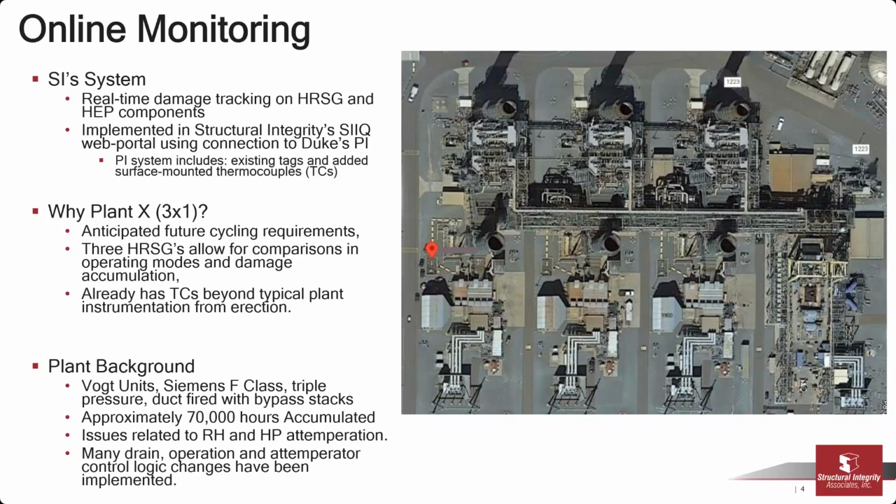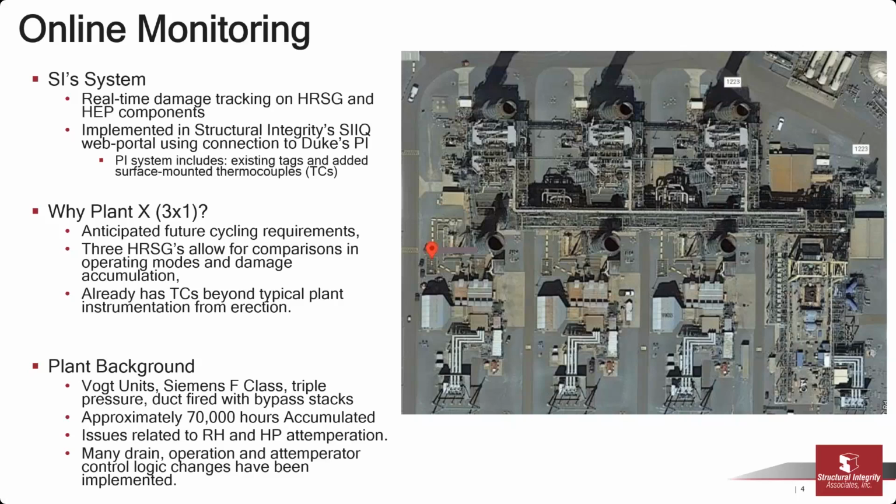And we have had a lot of issues historically on these 3 units. We've already replaced all the HP interstage attemperators due to cracking in the internal liners. A lot of that was related to conditions during early operation, like attemperator overspray. We also have had issues with block valve leak by.